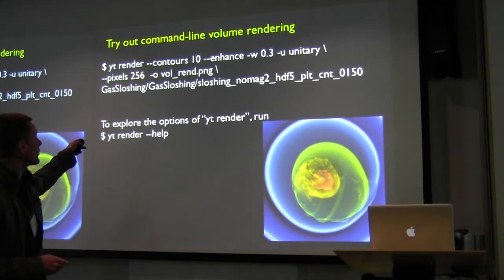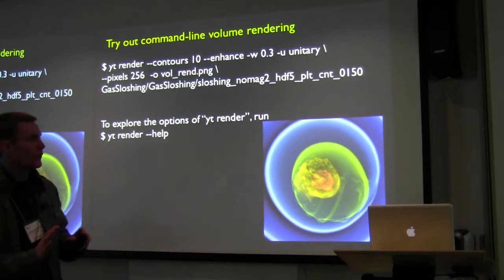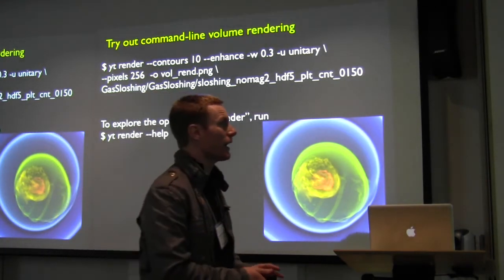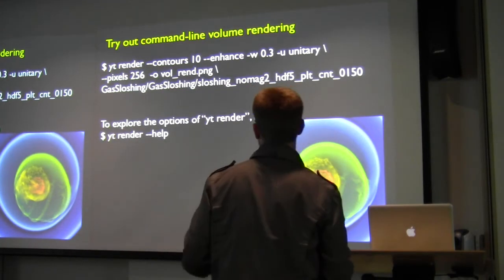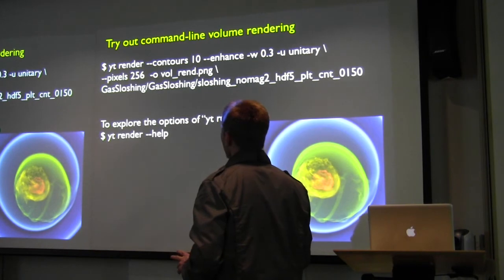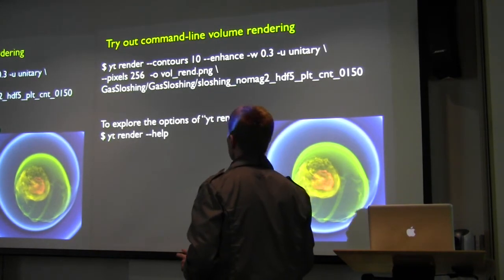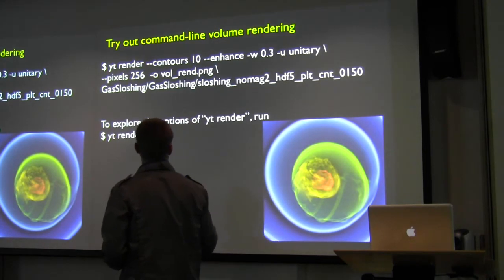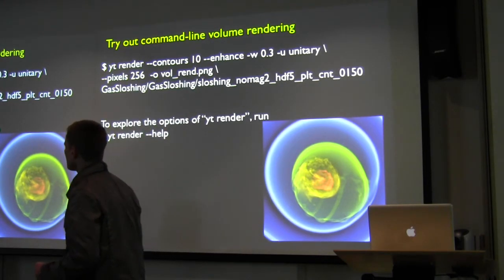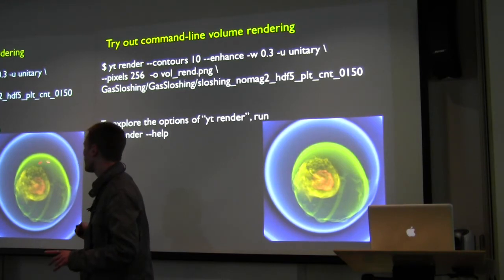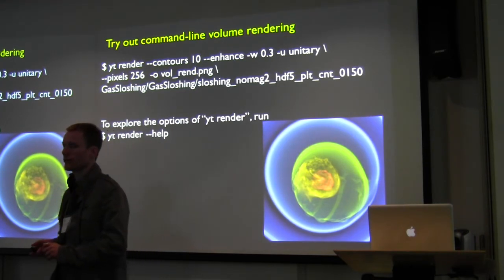There's also render, and render does just kind of a default volume rendering without having to make a script, and it has defaults set that are relatively intelligent, but we can set these with other flags, like contours have 10 isodensity contours, enhance, where you kind of bring out the colors, and so on and so forth. So you should render something that looks like this in about 20, 30 seconds or so.